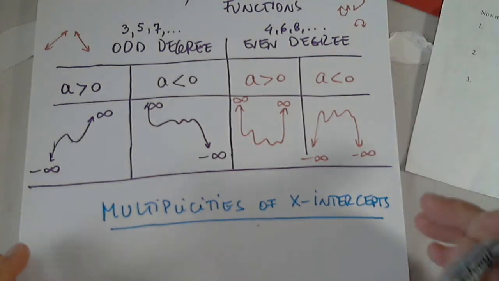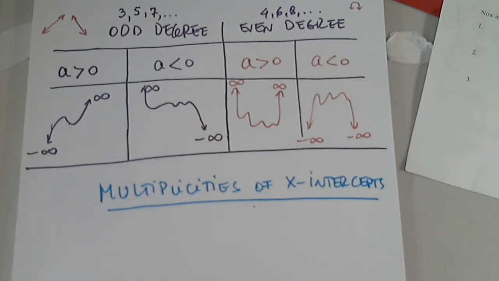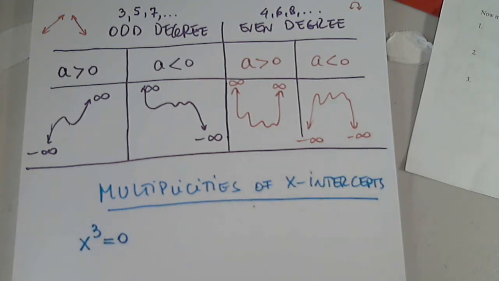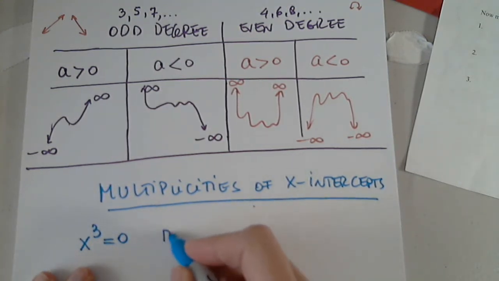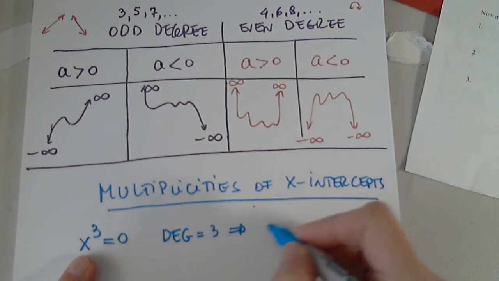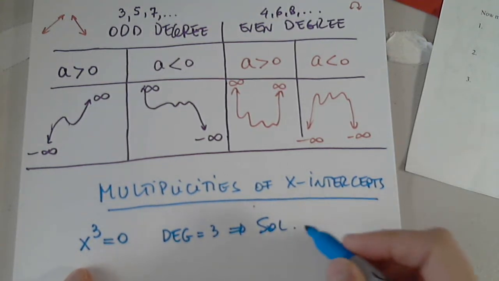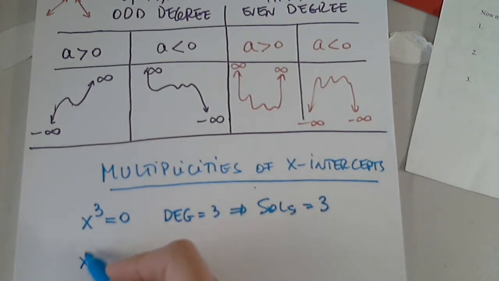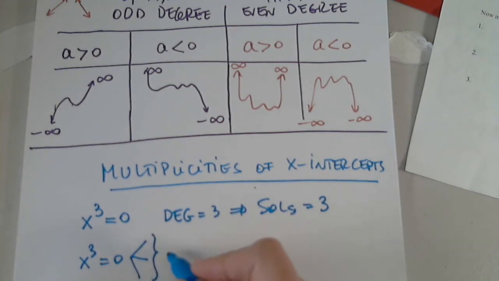Okay, so let's say I have the equation x cubed equals 0. We know the degree of this polynomial. Can anyone give us the degree of this polynomial? 3. Exactly. How many solutions do you expect? 3. Exactly. But look what happens. When I solve this equation, I do have 3 solutions, but it happens that all of them are identical.